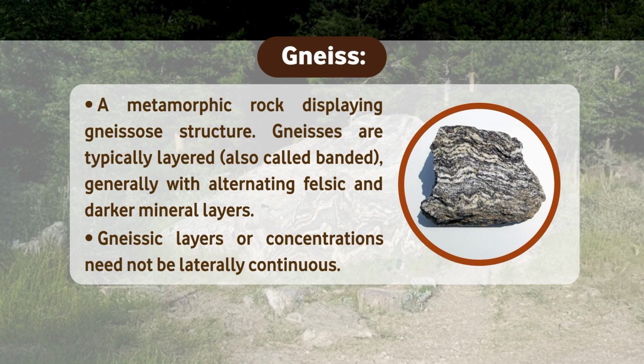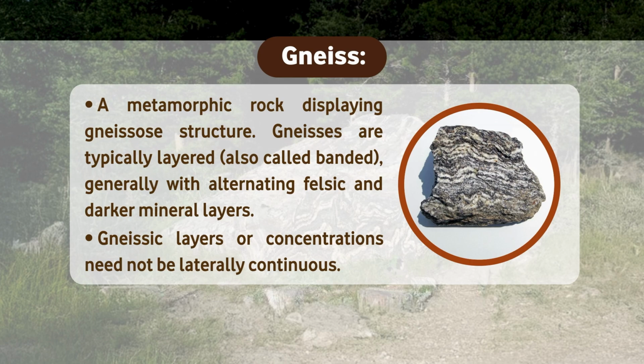As you can see here, light colored bands of felsic minerals and dark colored bands of mafic minerals are alternating. You can see that the light colored bands are quite thicker towards the lower portion of the sample, and the mafic layers or darker mineral layers are quite thin. But as you progress towards the top of the sample, you can clearly see that the mafic layers are getting thicker. So, there is no such rule.